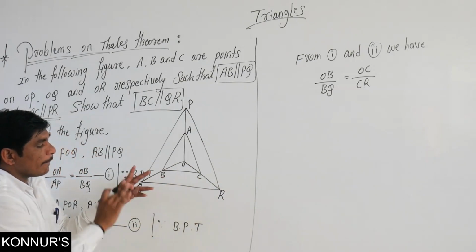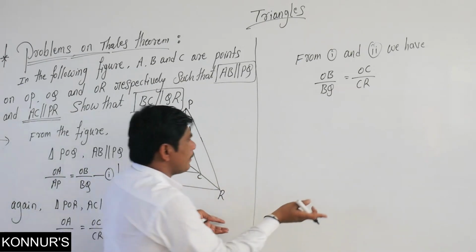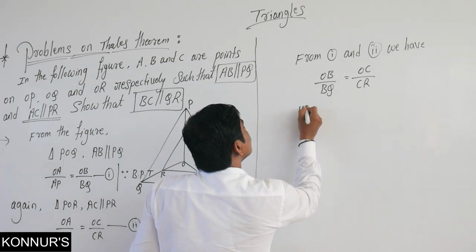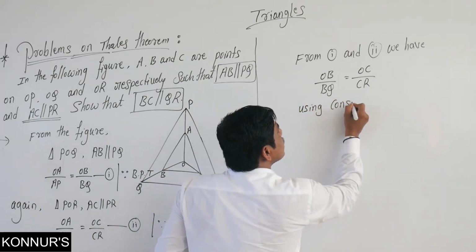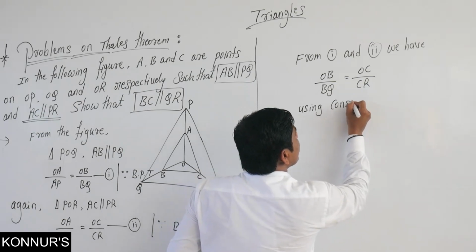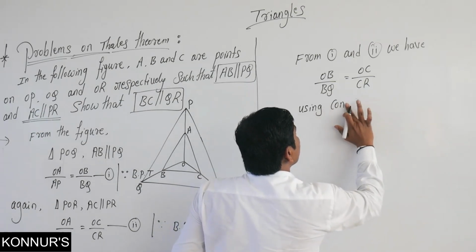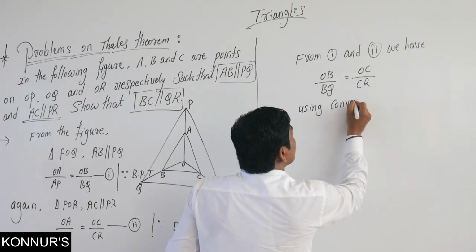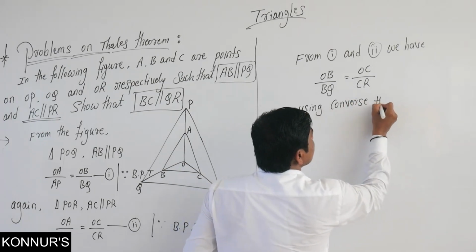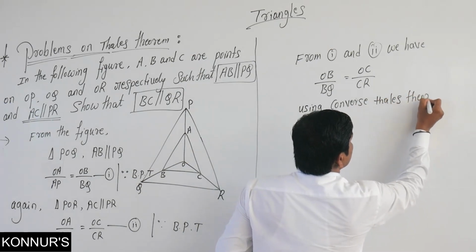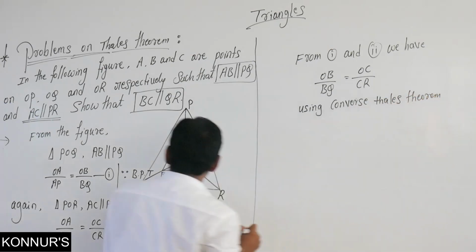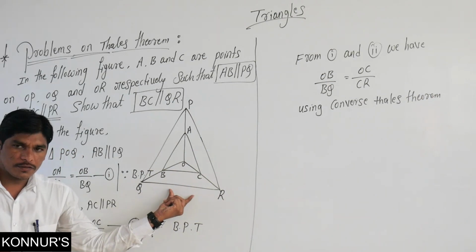By using the converse of Thales theorem, BC is parallel to QR.